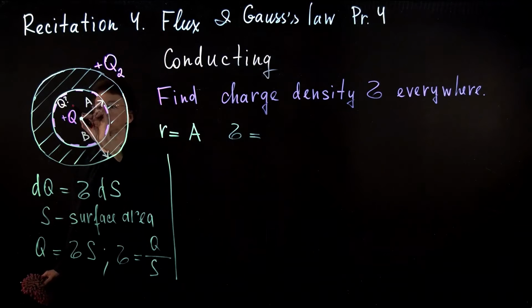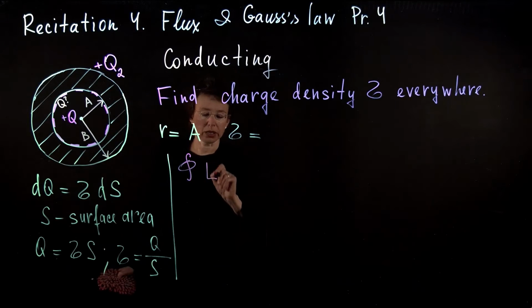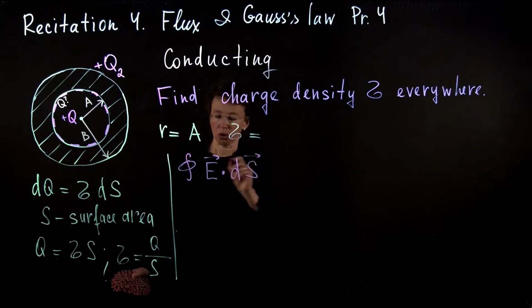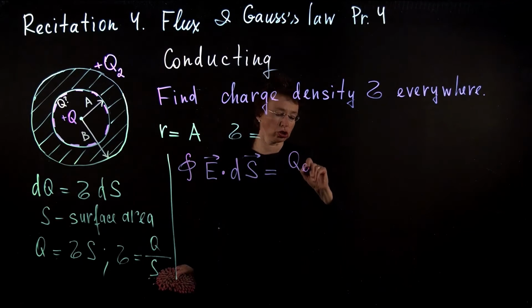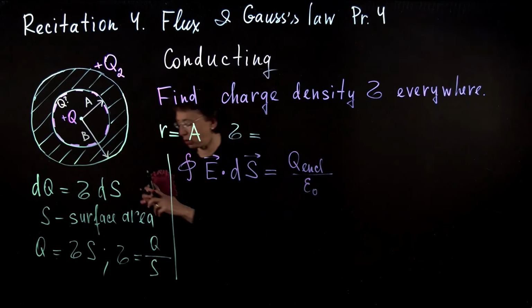To find it, we will use Gauss's law. The integral of E dot ds over a closed surface is the charge enclosed by this surface divided by epsilon naught.